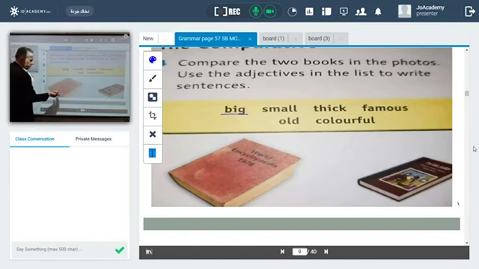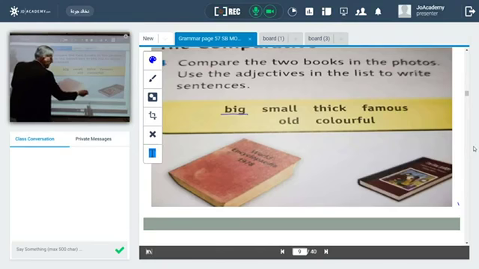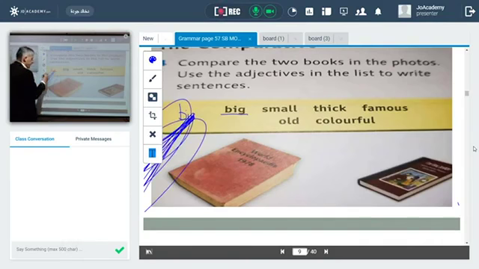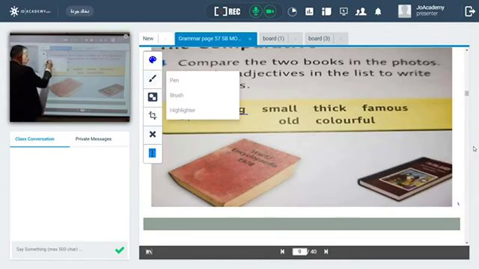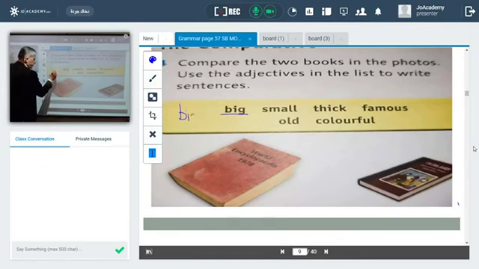So the encyclopedia is bigger than. But notice here with the example he wrote bigger. How he wrote bigger? He made double G for it, and we will come to that later. B-I-double G-E-R.